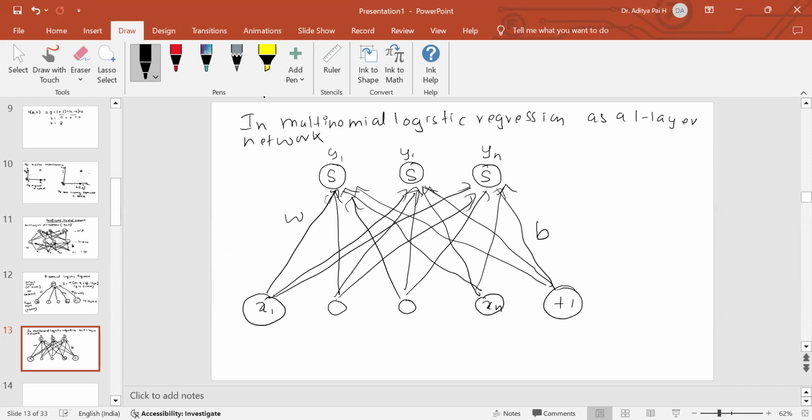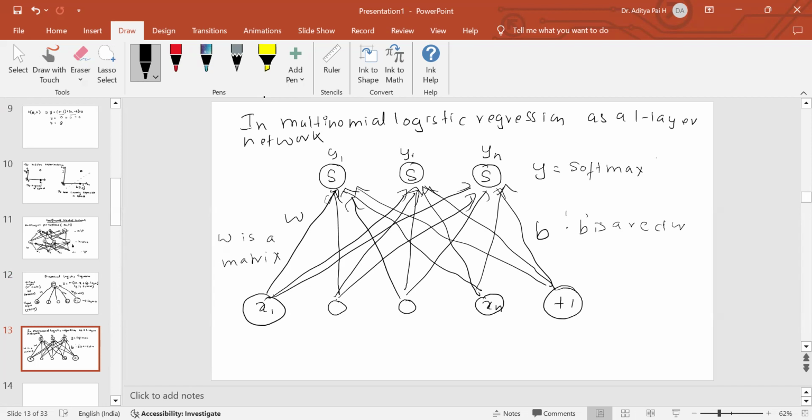Now here in the multinomial, as you can see, in the previous case your w was a vector, but here w is a matrix. And your b, which was a scalar, will become a vector. And your y, which is the output, where I was applying the sigmoid function, since it is a multinomial, I'm applying the softmax.